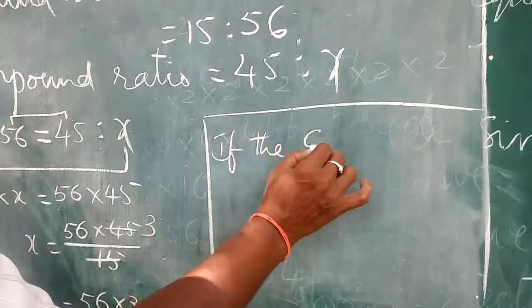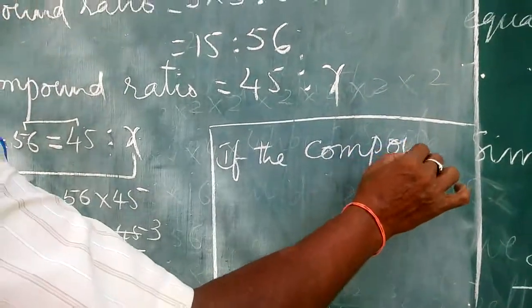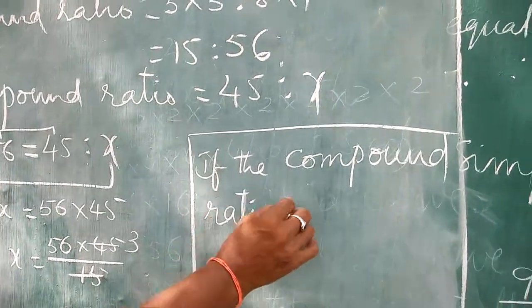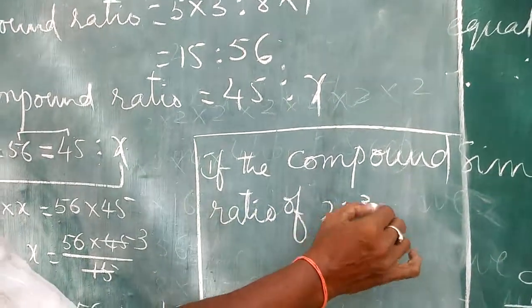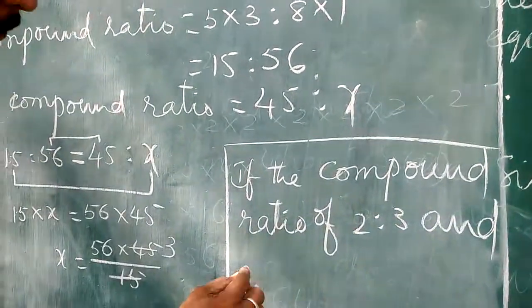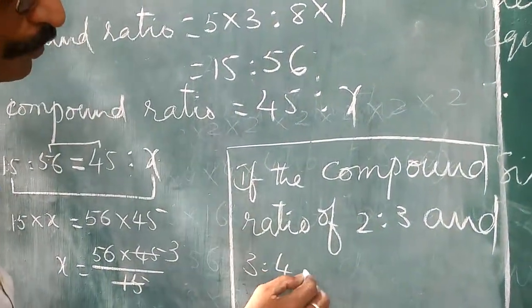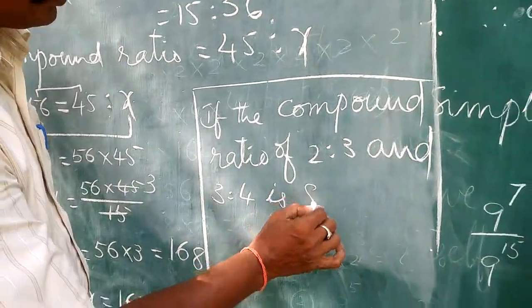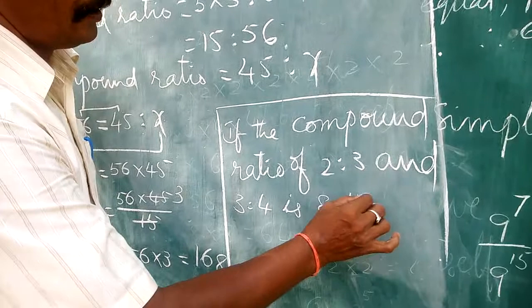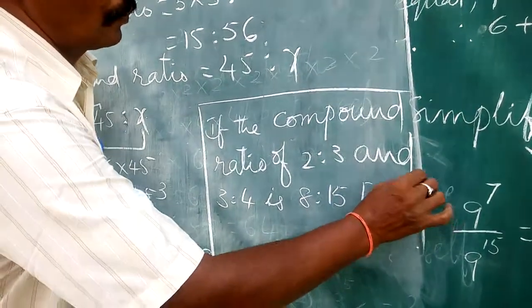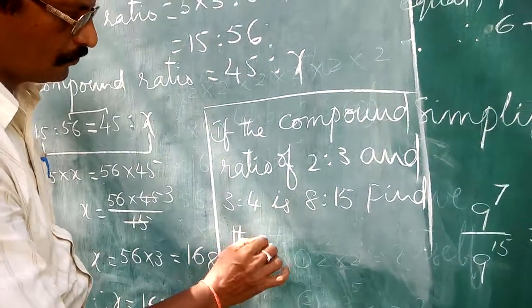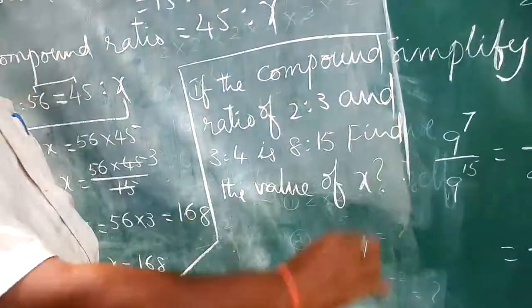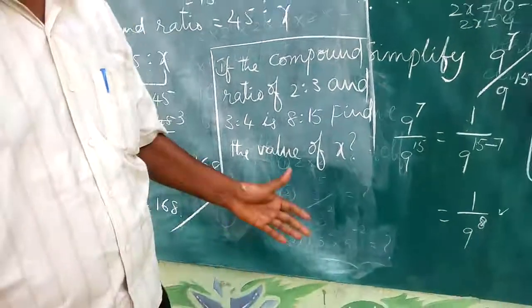If the compound ratio of 2:3 and 3:4 is 8:15, find the value of x. Try to solve this problem.